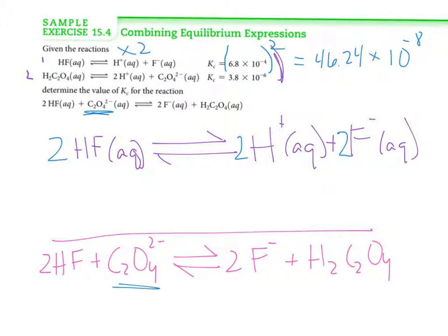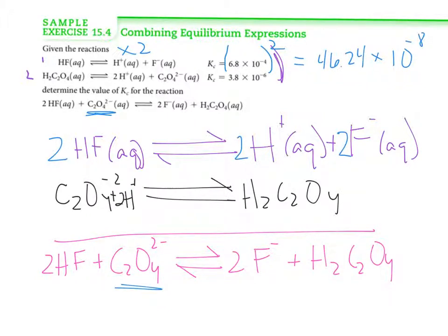So let's flip this reaction so that I have C2O4 minus 2. So I've flipped it now. I put my reactants as my products, and my products as my reactants.